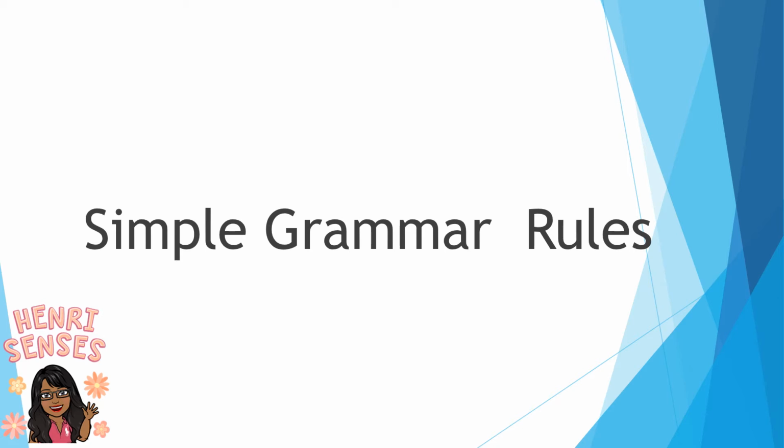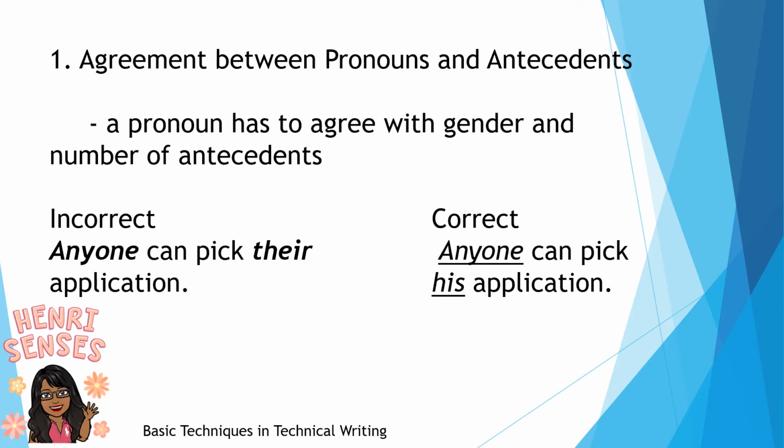Okay, let's move on to the next exercise, which is simple grammar rules. This time around, we are going to learn about grammar rules. The first one is agreement between pronouns and antecedents.